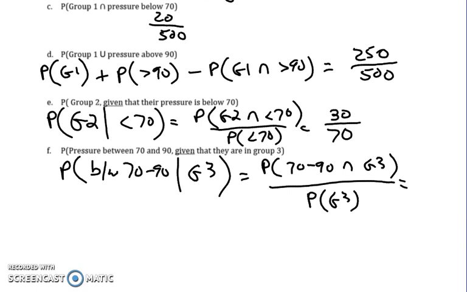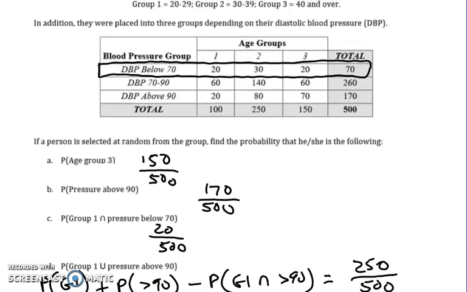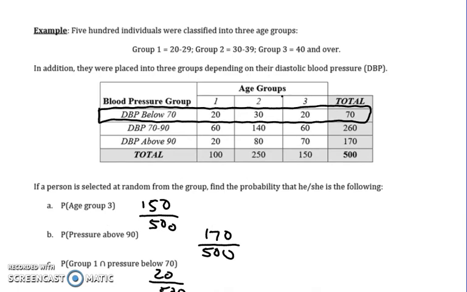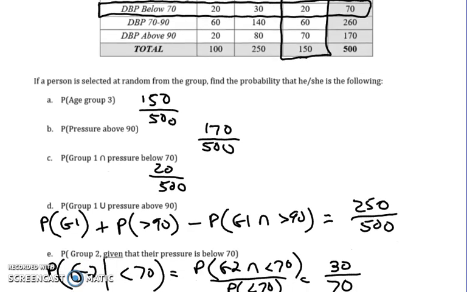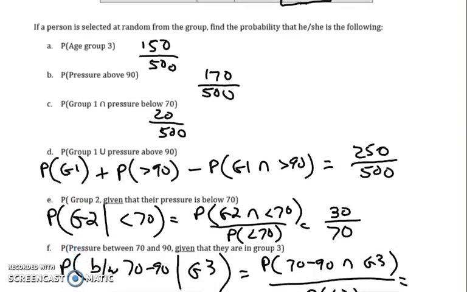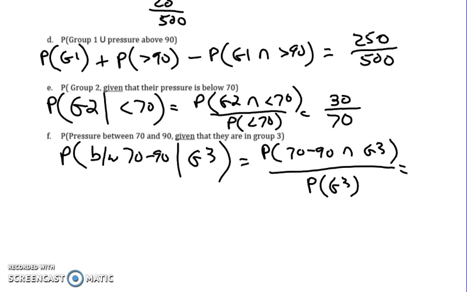So again, the given is group 3. So if we're looking at the table, we're only going to look at this column. So between 70 and 90, that puts the blood pressure at 60. So our answer is going to be 60 over 150.